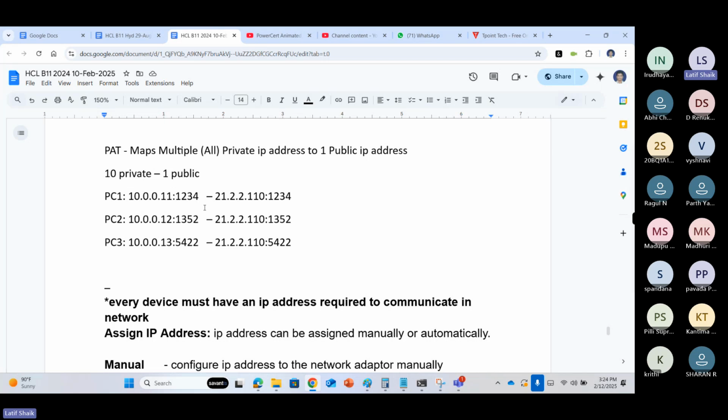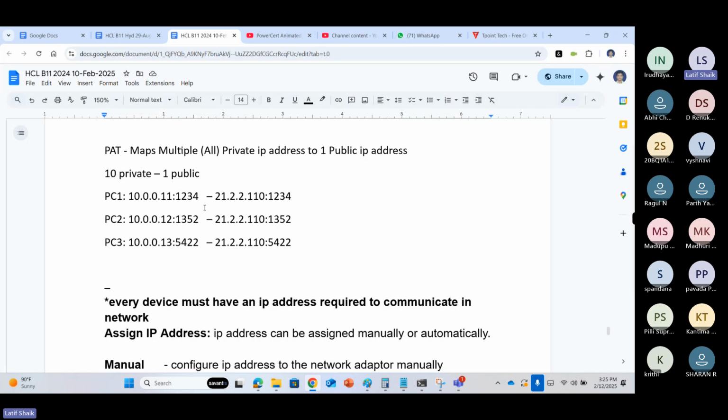I have five or six devices. I would have to purchase five or six public IP addresses, and only then can I communicate to the public. Organizations can spend at enterprise level for public IP addresses. But public IP addresses are short, as IPv4 itself is short of IP addresses. So we can't purchase.